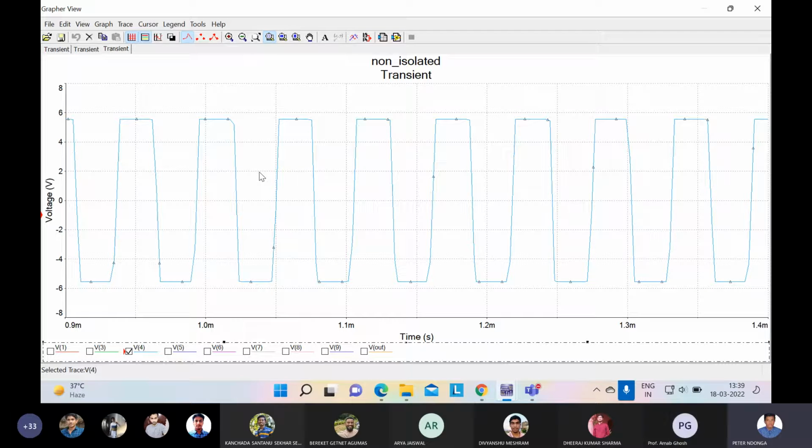We get the voltages at the op-amps. This one will be the voltage at op-amp 1, and this one.